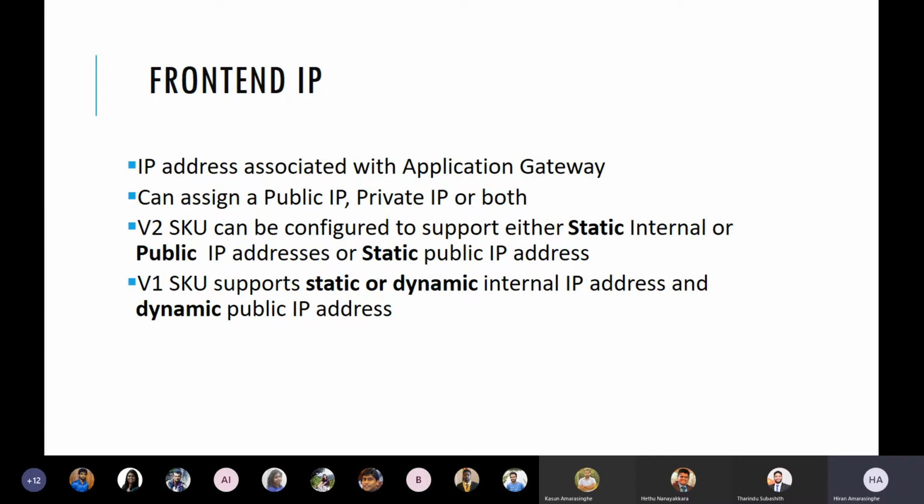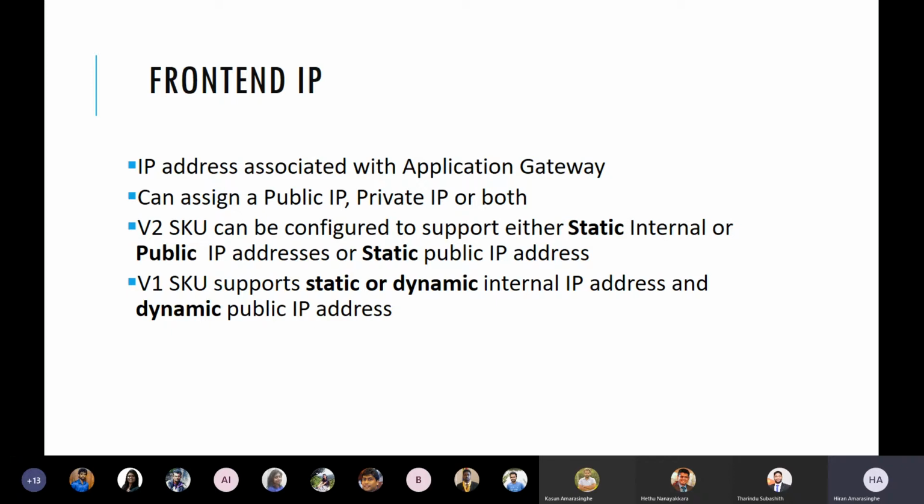In V1, it only supports static or dynamic internal IP addresses, but not static public IP addresses. As I said in the earlier slide, only dynamic public IP addresses were supported in the V1 SKU. However, the V2 SKU supports static public IP addresses.